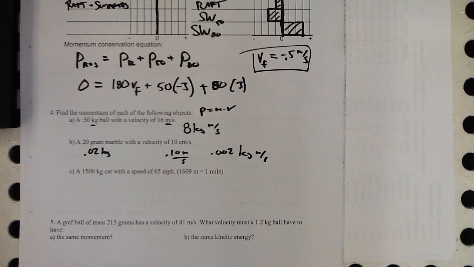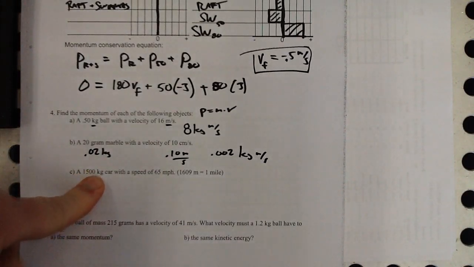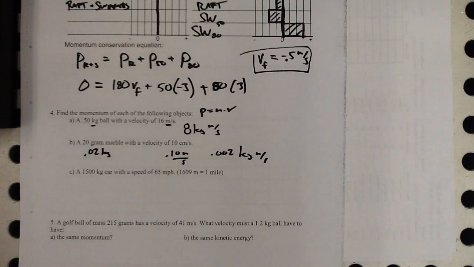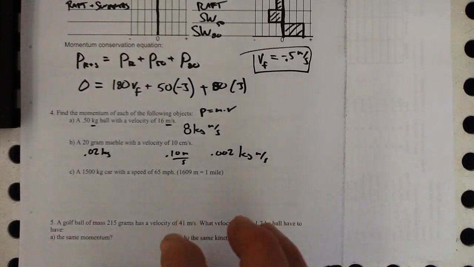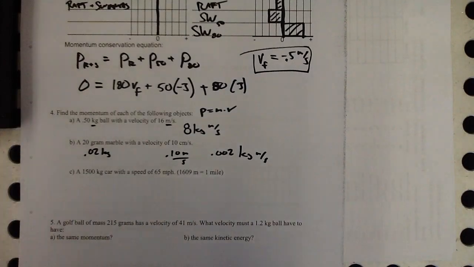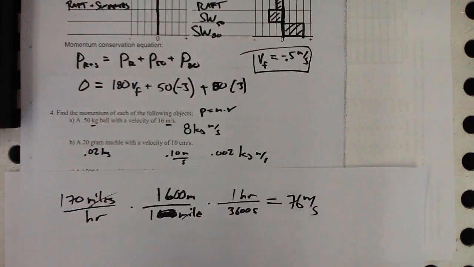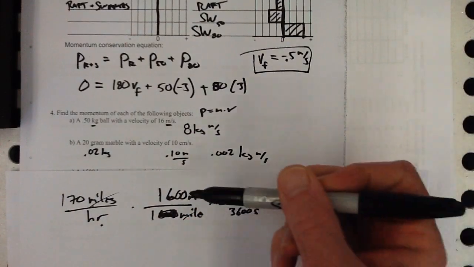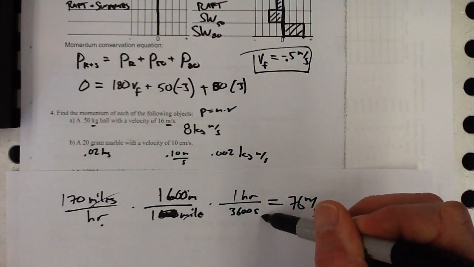Okay. Then I have a 1,500 kilogram car. That's the right units. 65 miles an hour. That's not the right units. We just did a conversion like that a few minutes ago. To change from miles per hour to meters per second, you multiply by 1,600 and divide by 3,600.